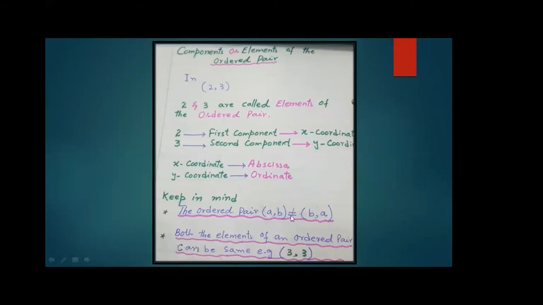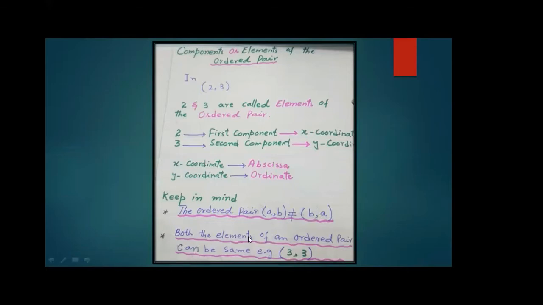A comma B is not equal to B, A, because its first component X ordinate is A, while here its X ordinate is B, its Y ordinate is B, and here its Y ordinate is A. This is a very important point, so you should keep it in your mind.